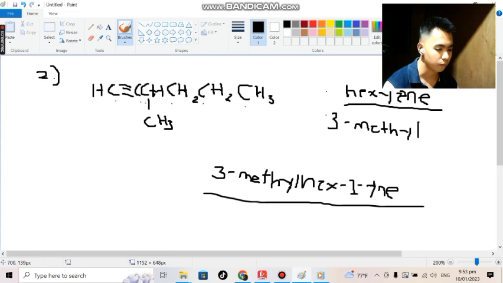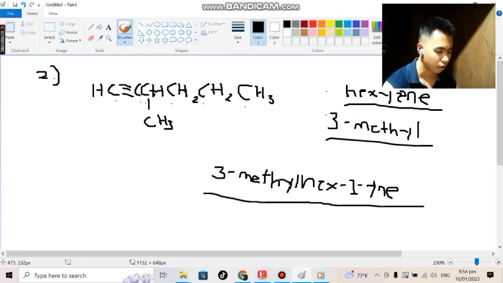Now we have 3 hyphen methyl here because the third carbon is attached with a methyl. And our first carbon has a triple bond, so automatically we are going to have a 1-yne here.